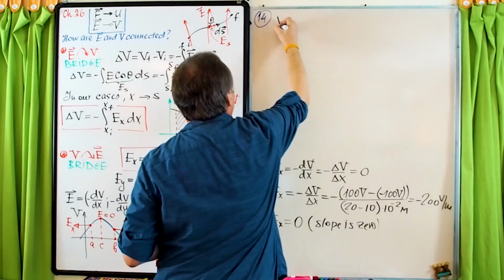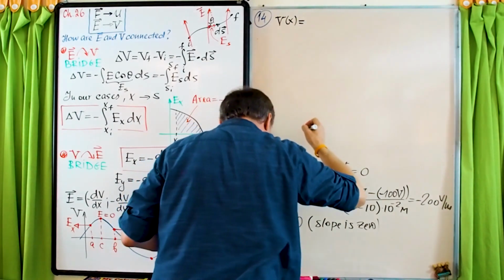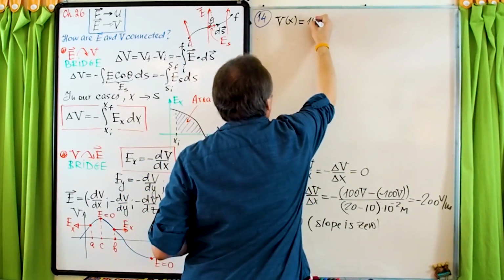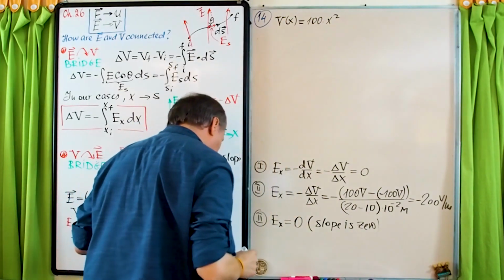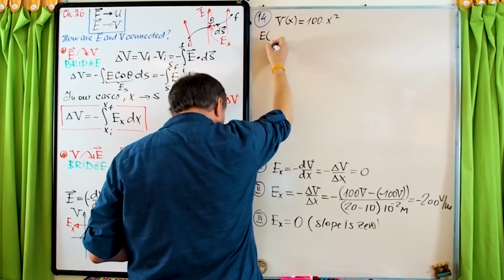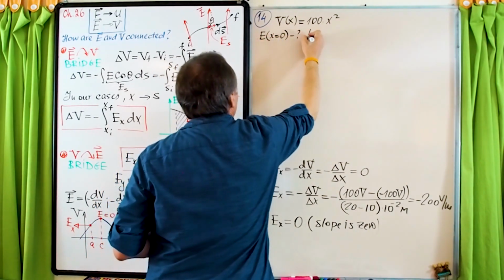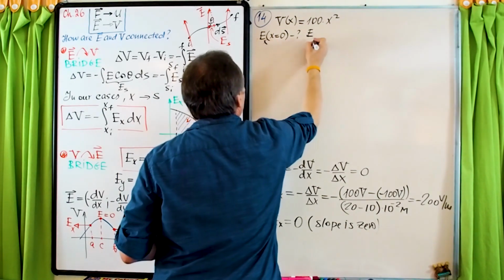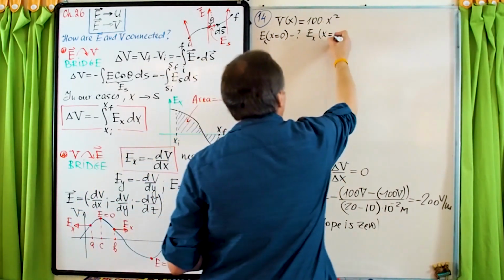So v as a function of x equals 100x squared. What we need to find is the electric field at x equals 0 and the electric field at x equals 1 meter.